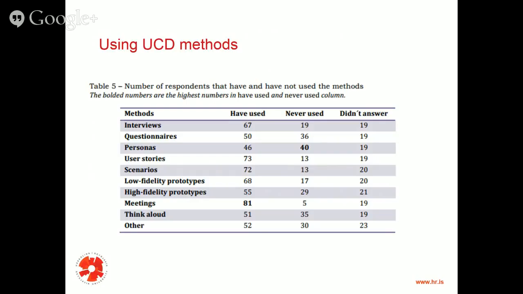And then user stories and scenarios are both quite popular. And here, low fidelity prototypes were more popular than high fidelity, or more frequently used. So making sketches like you're doing in assignment 2 was very much used also in the industry.